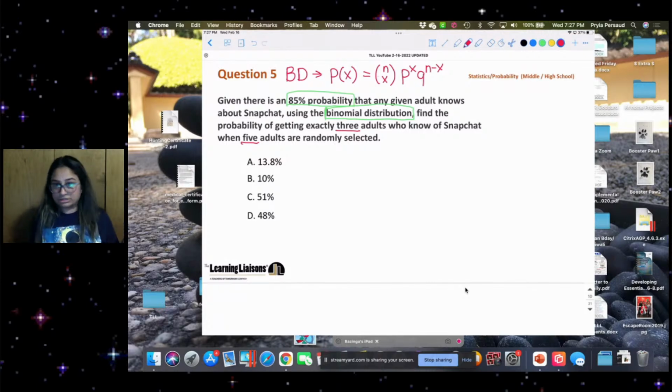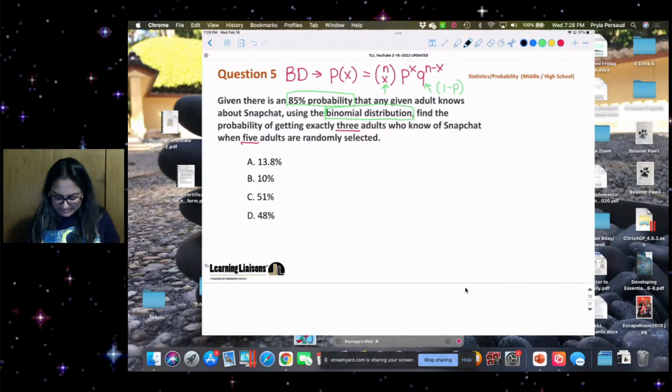Okay, so this might just look foreign to a lot of you. That's okay, we will talk about that. Q is also 1 minus P, so if you can remember P, you can remember 1 minus P, just in case. And that nCx looks really familiar. That's from that choose stuff.